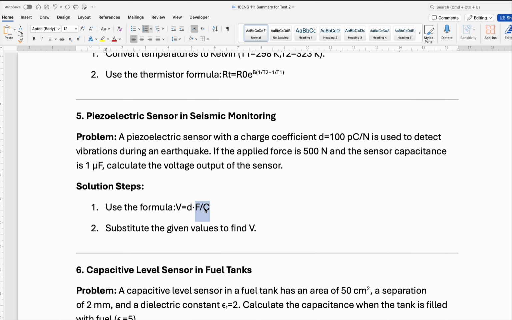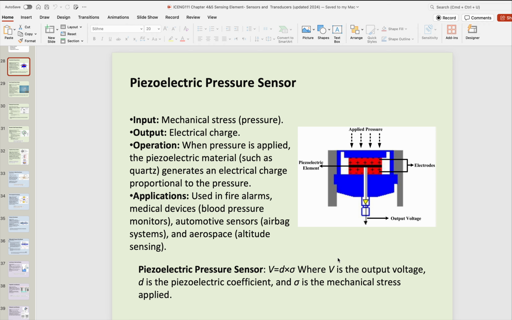So force divided by area, which is the pressure, which is the stress, times D. D is 100, and the force is 500 newtons. I understand that the capacitance C is added in this case, but I don't want to confuse you, because I explained that to you in terms of sigma.